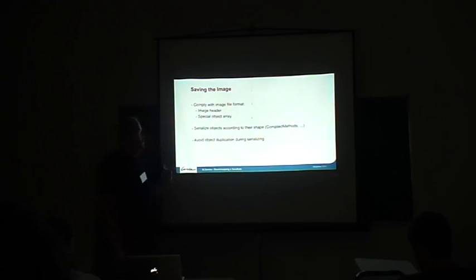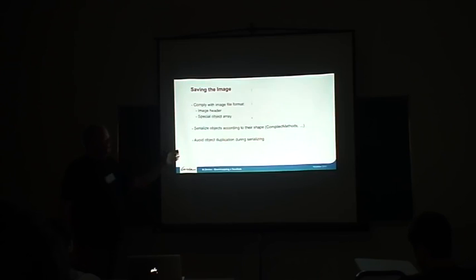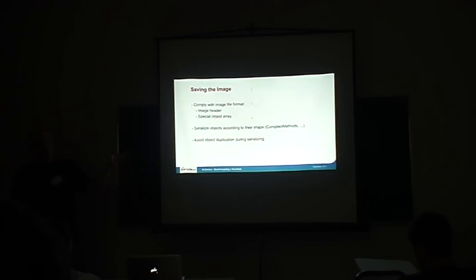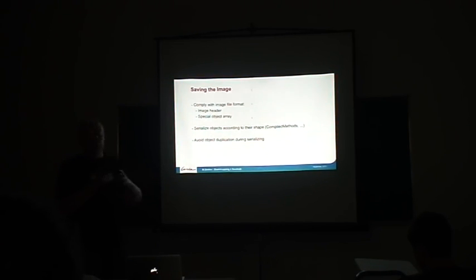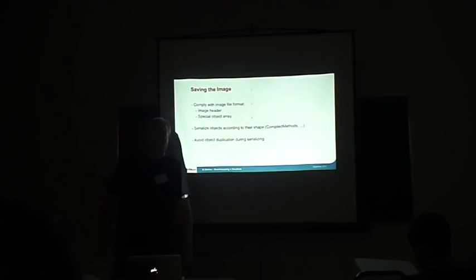Only that compared to, if you look at the Spur image, how is it called? Image number, I don't know. The tool that writes out a new image format, a new image in a potentially different format. The difference is that this one does not take the whole image, so it does not iterate over all objects, but it just iterates over all objects that are reachable from the root of your new kernel.